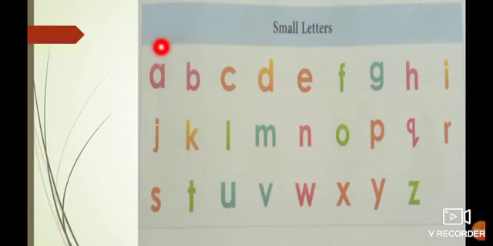Again A, B, C, D, E, F, G, H, I, J, K, L, M, N, O, P, Q, R, S, T, U, V, W, X, Y and Z. So children, these all letters are written in small letters. Okay. So we have seen the alphabet written in capital letters and small letters.